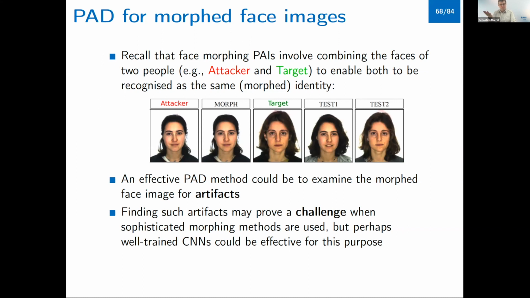Now, the price to pay for that is the convenience, as you say. When you have a challenge response, it means that you need to ask for an interaction that's not very convenient. If you need to ask the person to blink now or smile now or move their head or even say something, depending on the application scenario, that might not always be applicable.